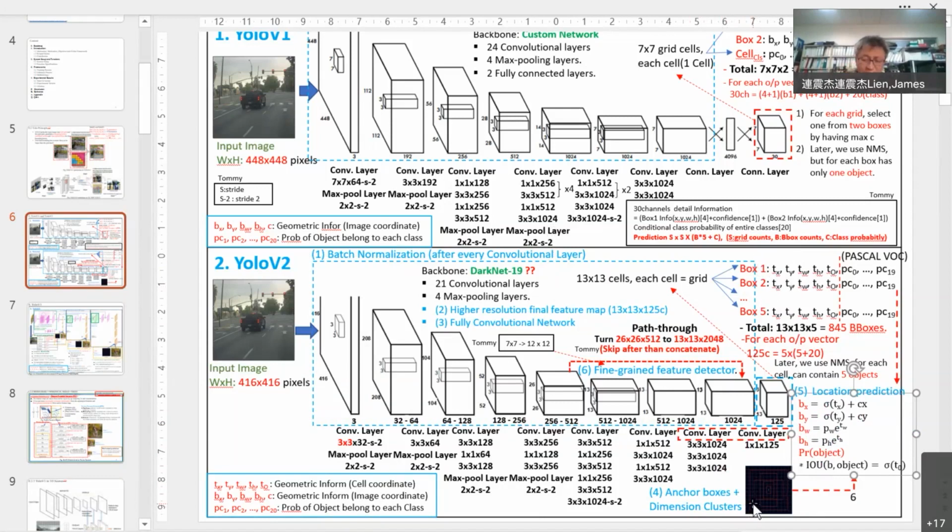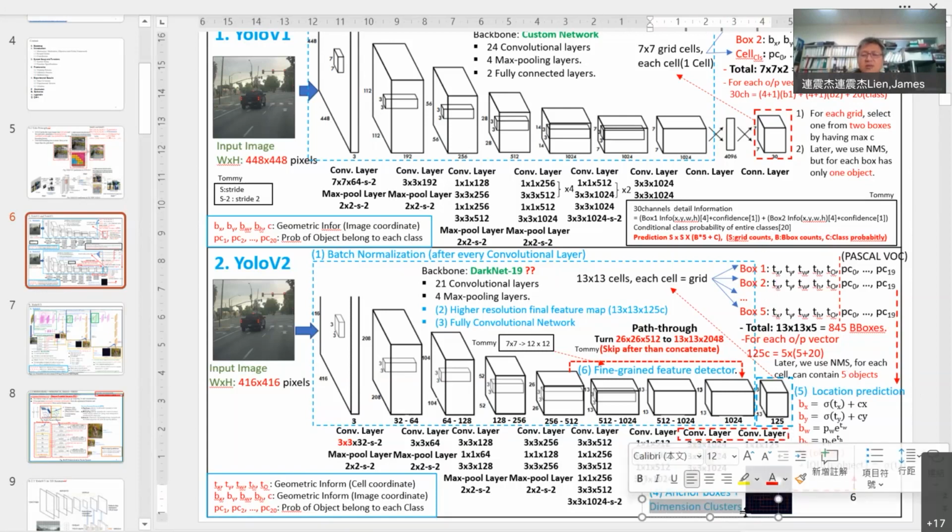They take the bounding boxes from the training data, do the clustering, and pick 5 clusters to be the ratios of the bounding box, so they use dimension clusters. They collect all the training data and do k-means to classify the bounding box sizes, dividing into 5 clusters for the ratio, which become the initial W and initial H.